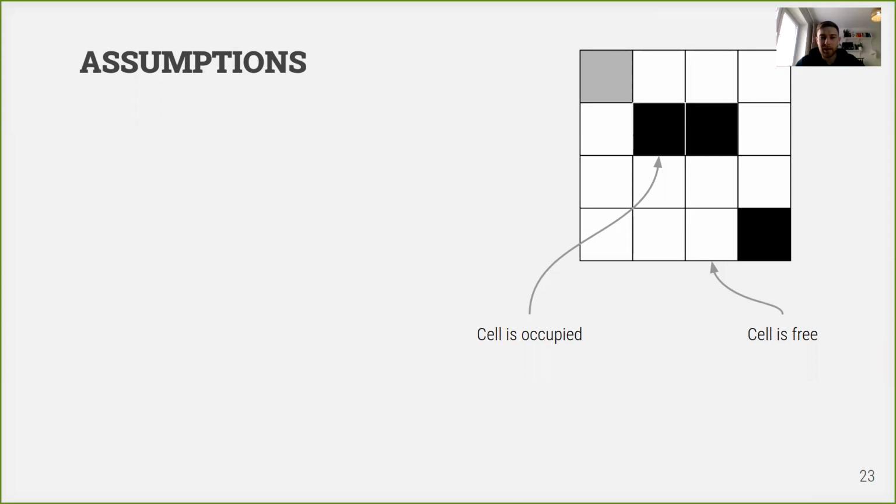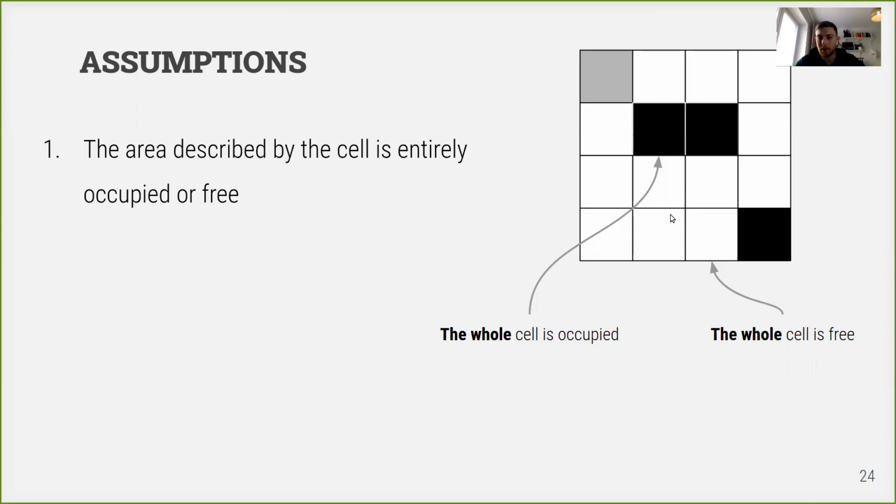So saying that a cell is occupied or a cell is free, we mean that the whole cell is occupied or the whole cell is free. It is important because this cell, depending on the scale of our map, can be either 1 centimeter by 1 centimeter, and then it is not really crucial that the whole cell is considered to be occupied or free.